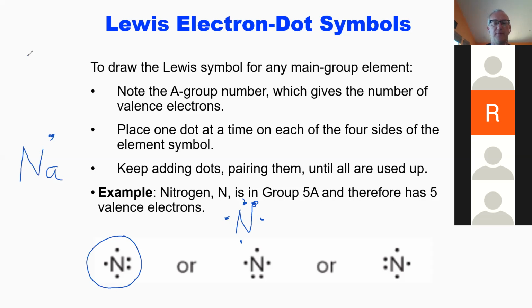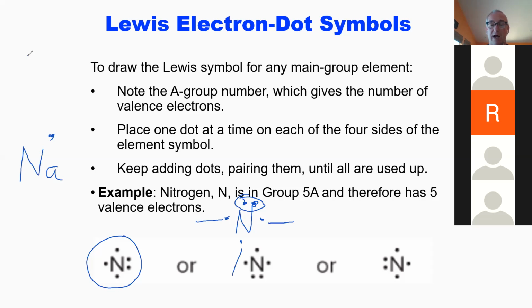Remember, a lone pair is generally kept by the atom, and the electrons that are all by themselves become bonds. So 1, 2, 3. Nitrogen has 3 bonds and 1 lone pair. It has 5 valence electrons.